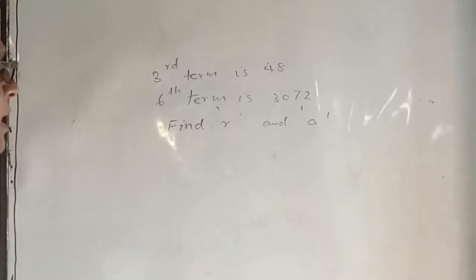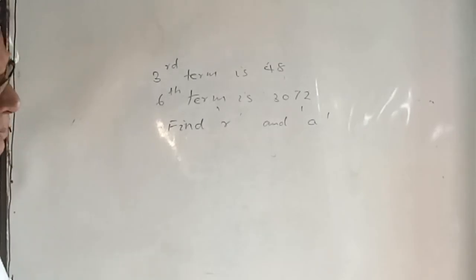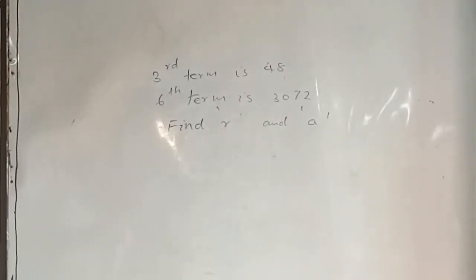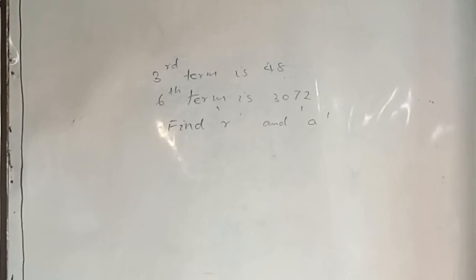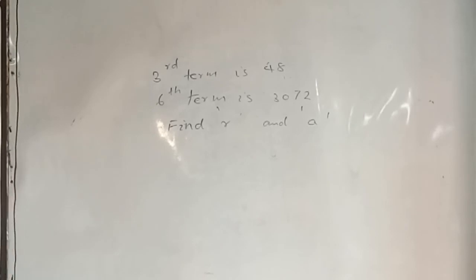Now you have to get two simultaneous equations. In arithmetic progression, when you have two simultaneous equations, you can easily find a and d either by adding or subtracting. Here, keep in mind you have to divide.